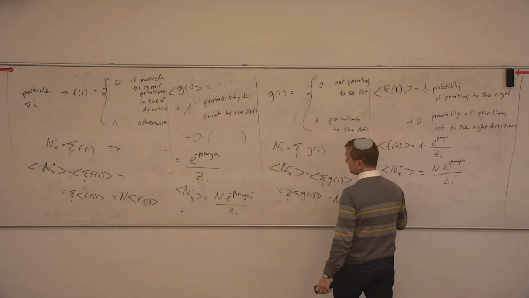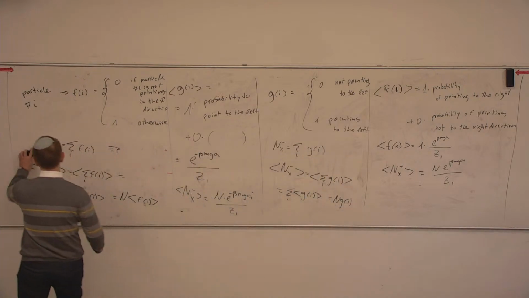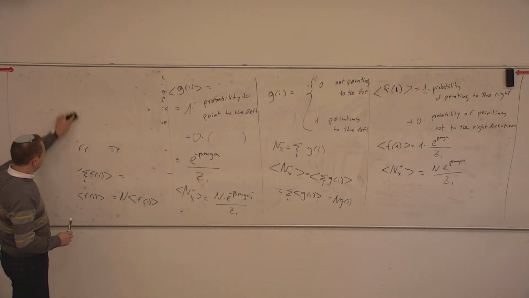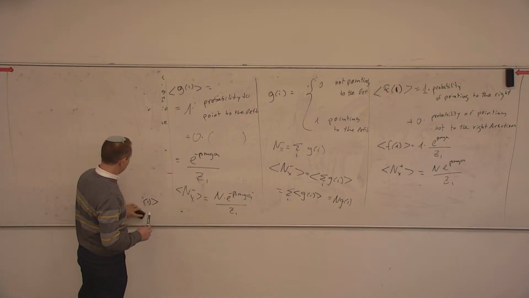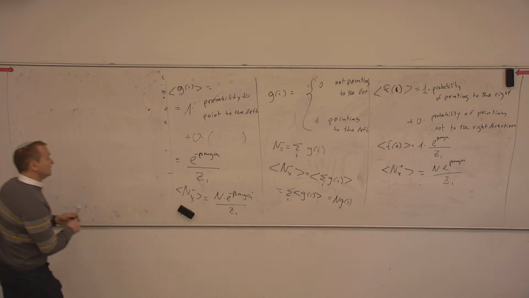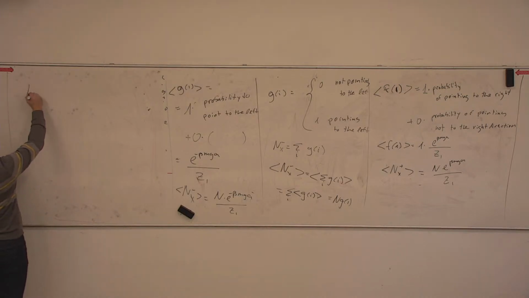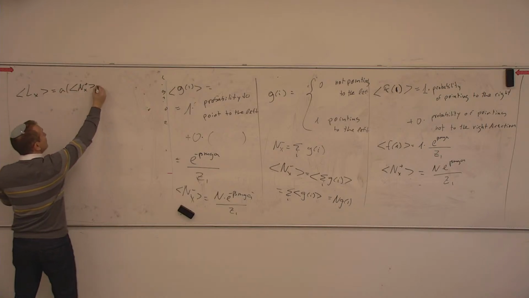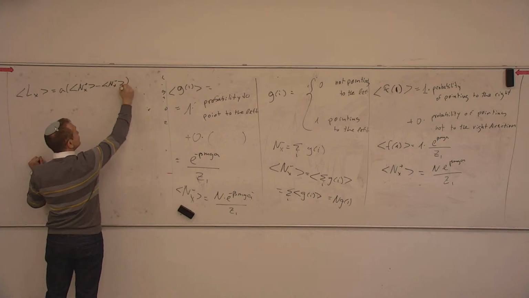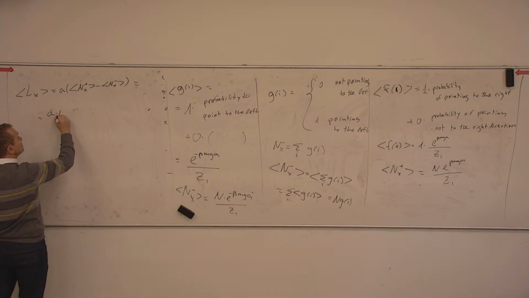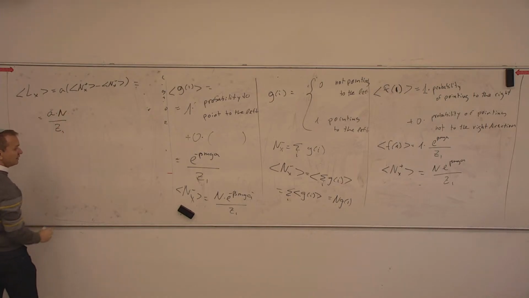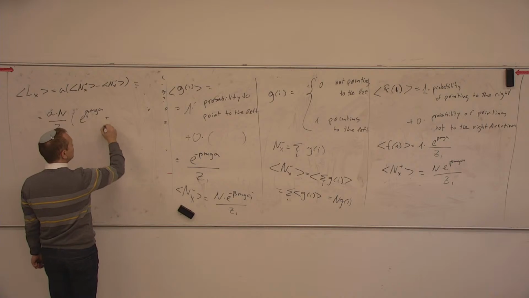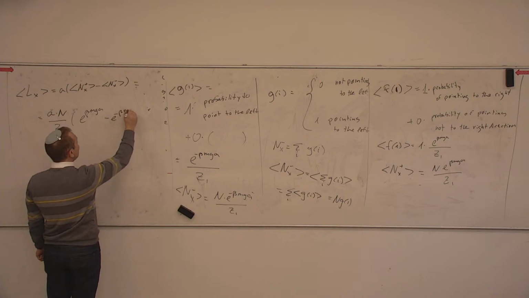So I have Nx plus and I have Nx minus. And remember that Lx average equals A multiplied by Nx plus minus Nx minus, which equals A multiplied by N divided by Z1, times e to the power beta mga minus e to the power minus beta mga.